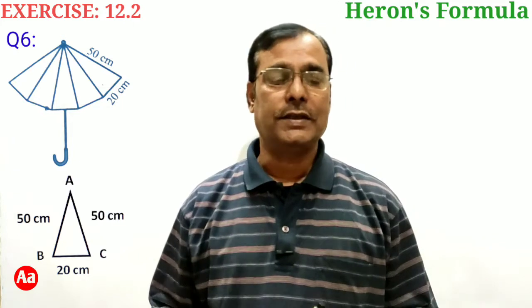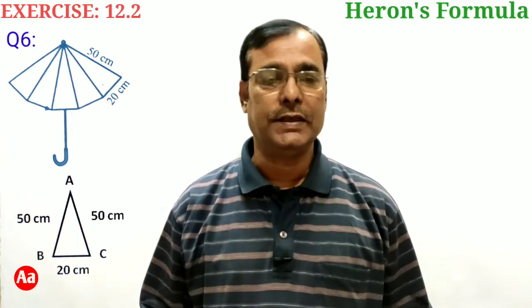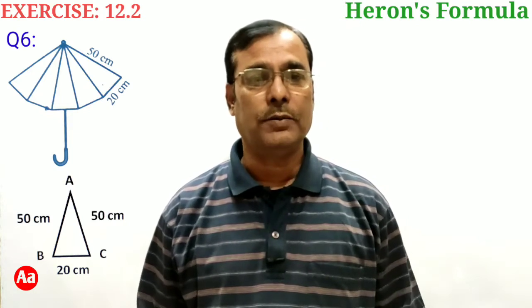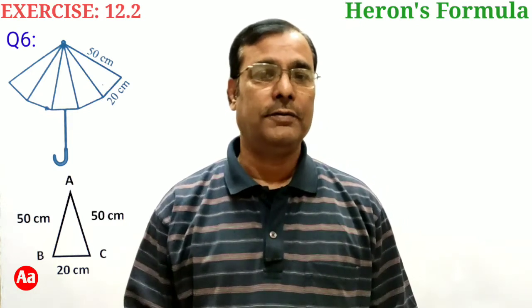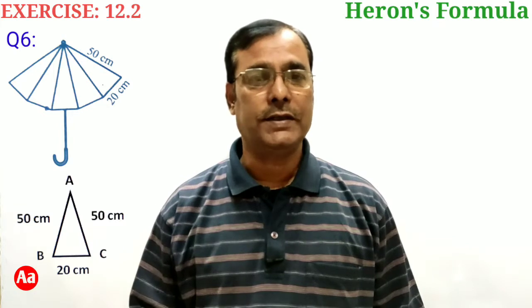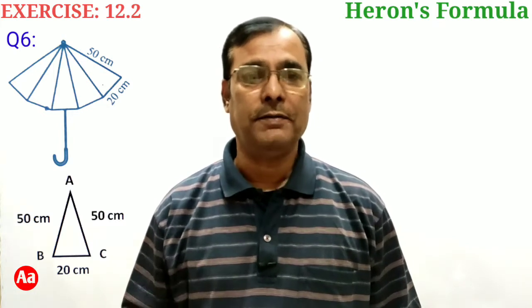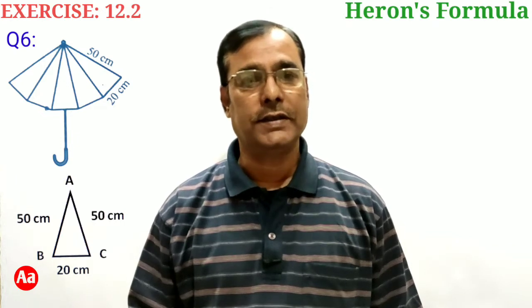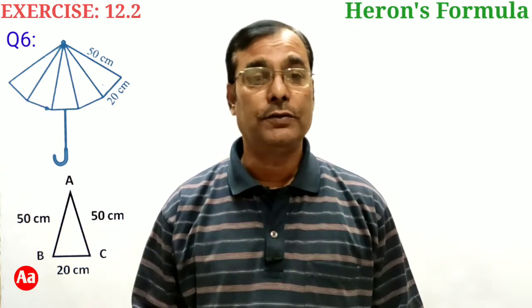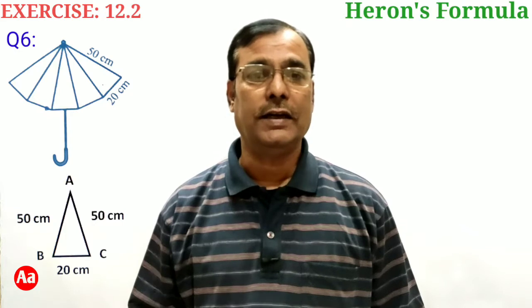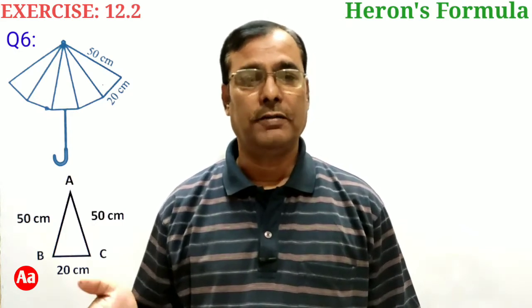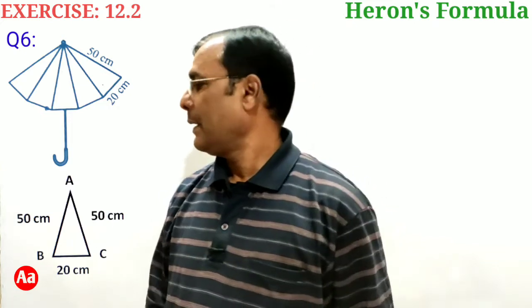We are going to use Heron's formula to find the area of one triangular piece. Multiplying it by 5, we can get the area of 5 triangular pieces of cloth of one color, which will be the same for 5 triangular pieces of another color.